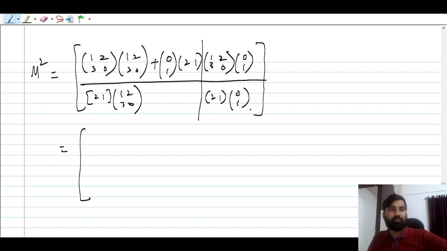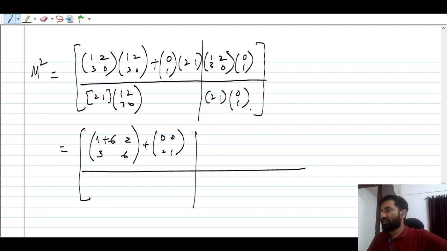Okay, so if you multiply this, you will get here 1 times this, right? So this is 1 plus, okay, this is 6, right? So you can say 7, and this is nothing but first row and second column, so this is 2, okay, and second row first column, so it is 3, okay, and this is going to be 6 plus, if you multiply this, okay, so what you are going to get here is you will get 0 0 2 1, okay?